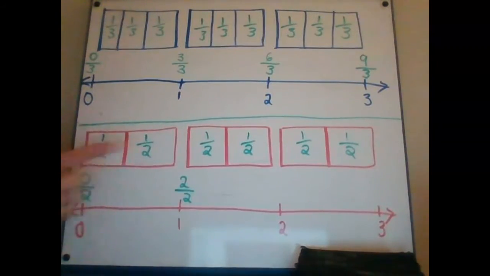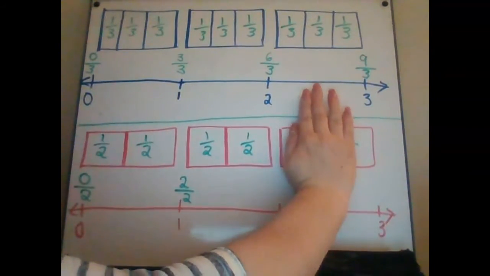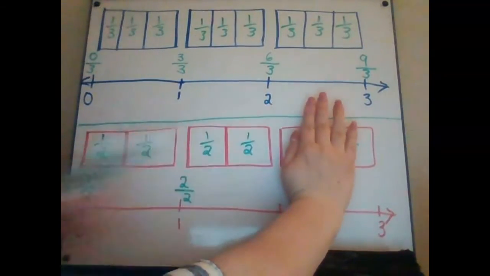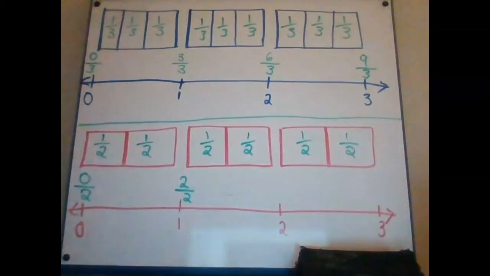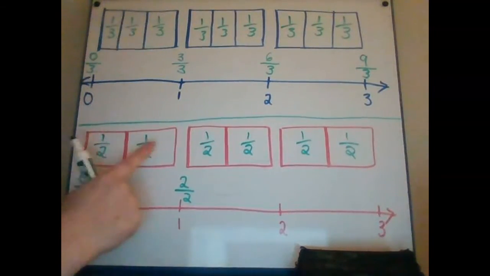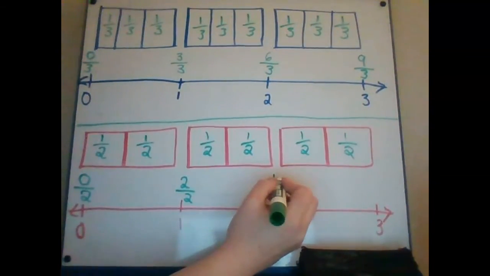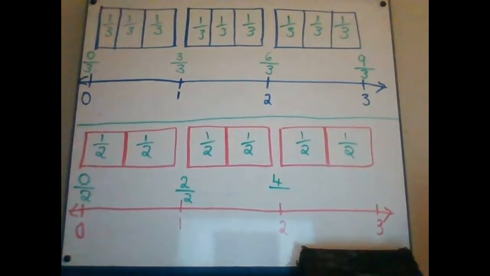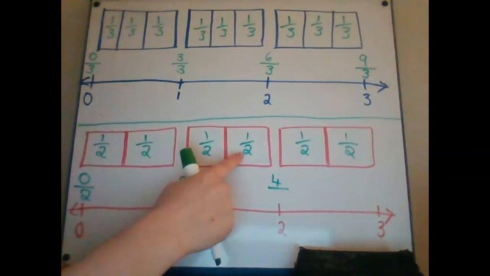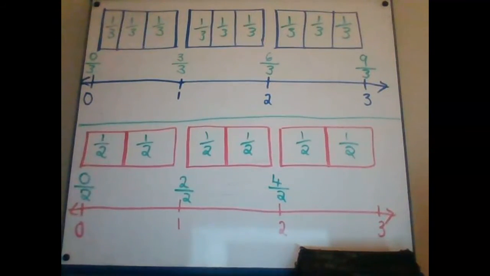2 wholes, 1, 2 whole parts. I'm not looking at this one right now. It's not there. I only have 1, 2. Okay? 2 is equivalent to 1, 2, 3, 4 equal parts. And there's 1, 2 equal parts in the one whole. So 4/2 is equivalent to 2.